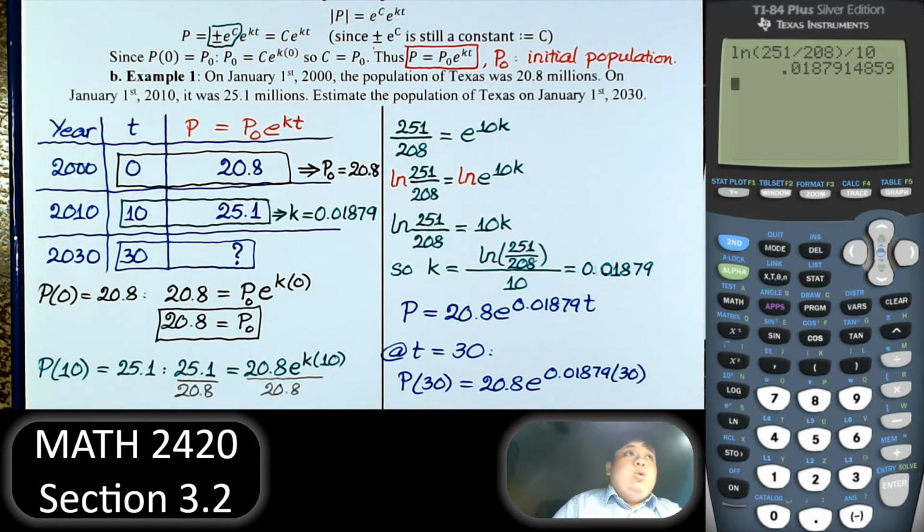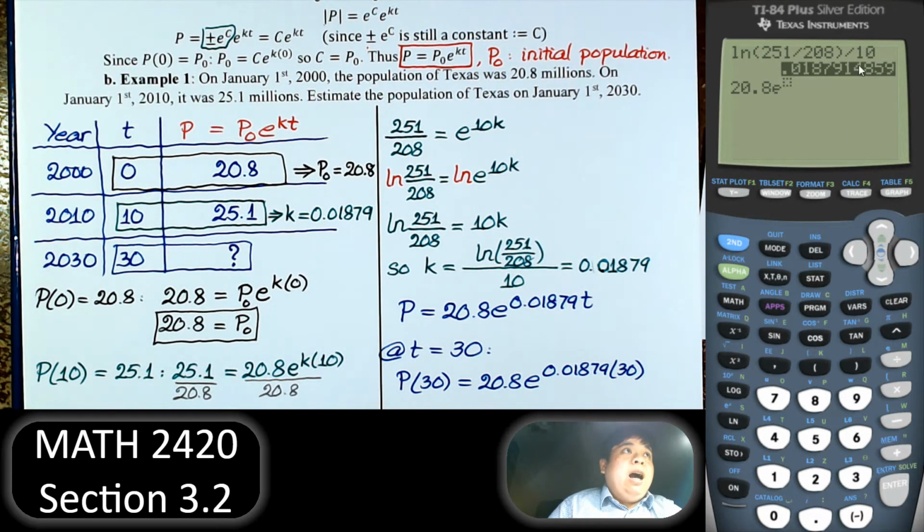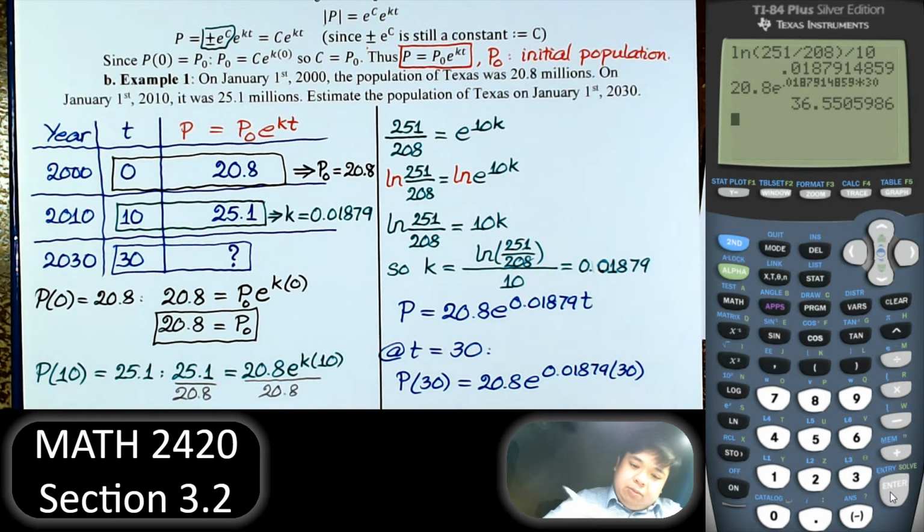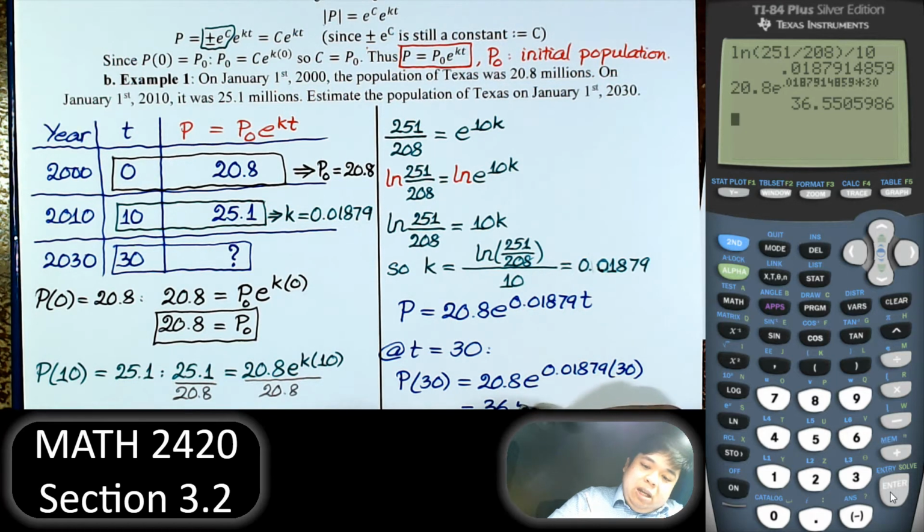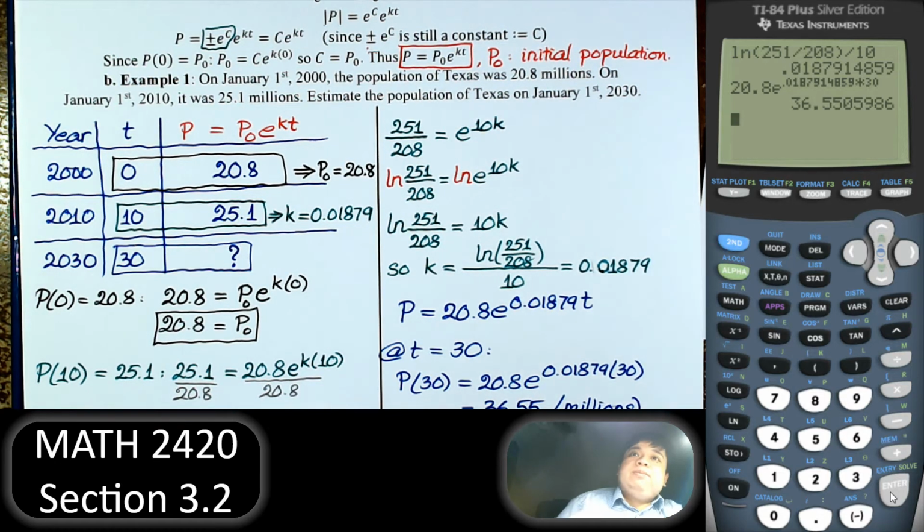On the calculator, I'm going to use the whole numbers here. So 20.8 times exponential, second ln, and I just go up, highlight that number, times 30 years, 30, and we have 36.55 million. Sounds reasonable, right?